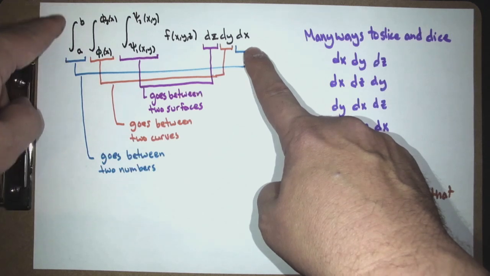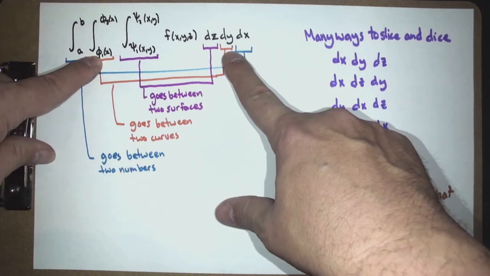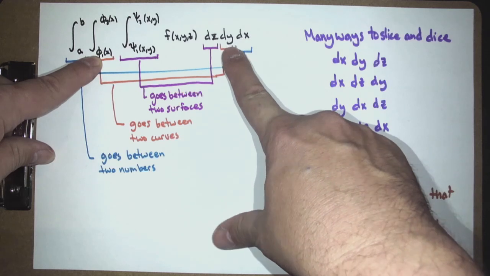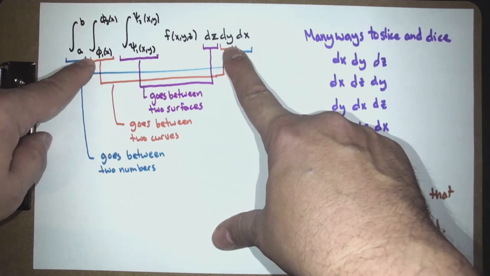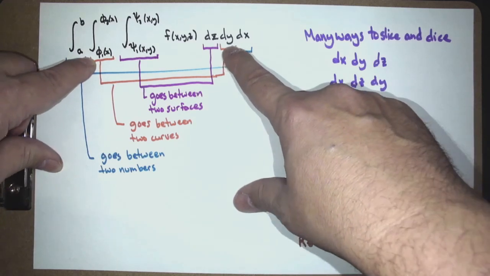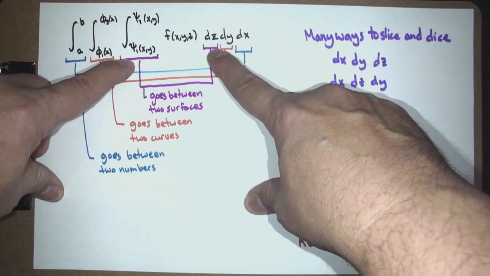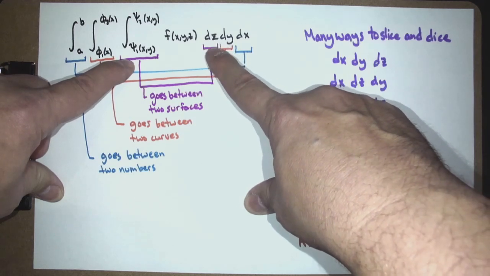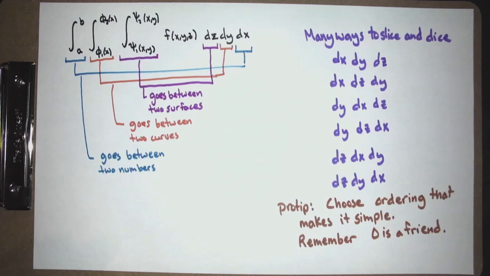It's going to go between a pair of numbers. When you move to the middle layer, in this case, y, we're going to go between two curves. And that was good enough for two-dimensional integrals. But now we're in three-dimensional integrals. We're going to go to the inner layer, in this case, z. And now we're going between surfaces.